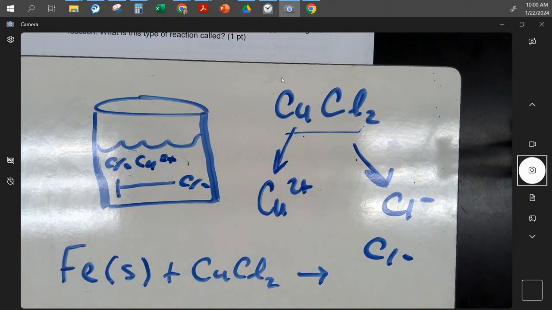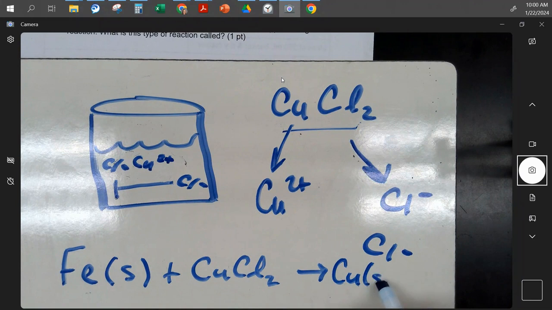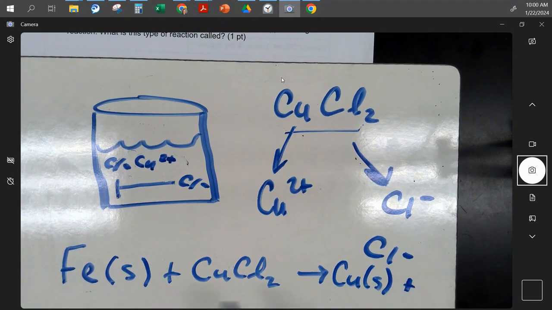What did you measure second? What is the precipitate that formed for this lab? Yeah, copper. So we have copper solid. And we also end up with iron chloride.